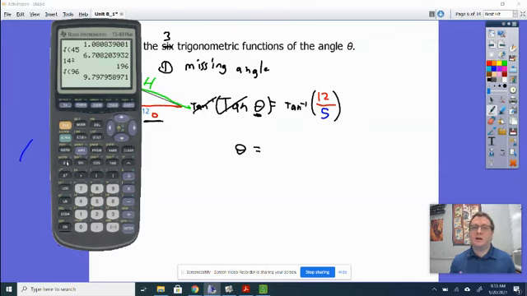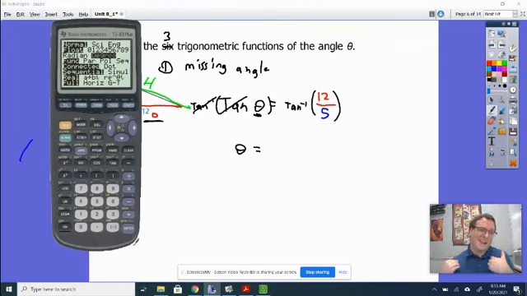So we need to make sure our calculator is in the right mode. If I was to reset this calculator and then went to mode, you can see here that I am in radians. So I just want to scroll down, go over to degrees, and hit enter. Please make sure you're in degrees, because otherwise you're going to get the wrong answer even though you did everything right.